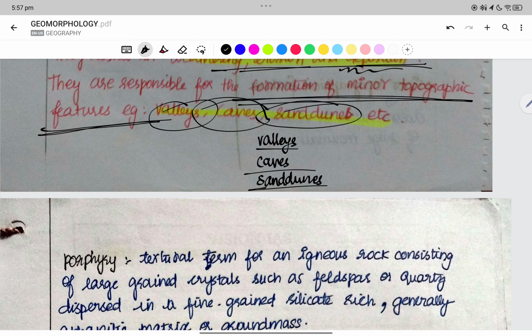But endogenetic forces result in the plateaus, mountains, and also the oceanic basins.